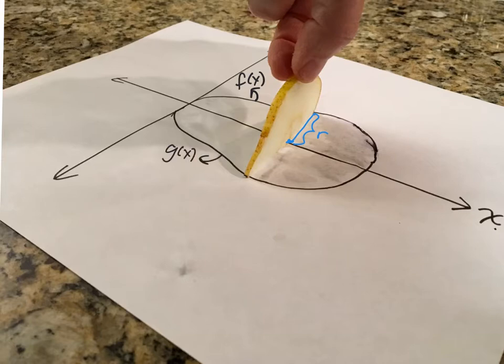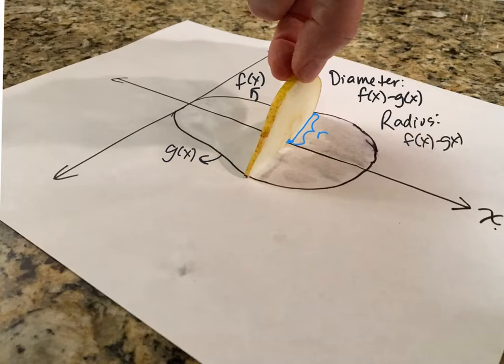If we were going to find the diameter of this slice, this semicircle, that would be the distance from our f function to the g function. So the diameter would be f of x minus g of x. If that's our diameter, then the radius would be half of that. So the radius would be f of x minus g of x, and then we need to take half of that.